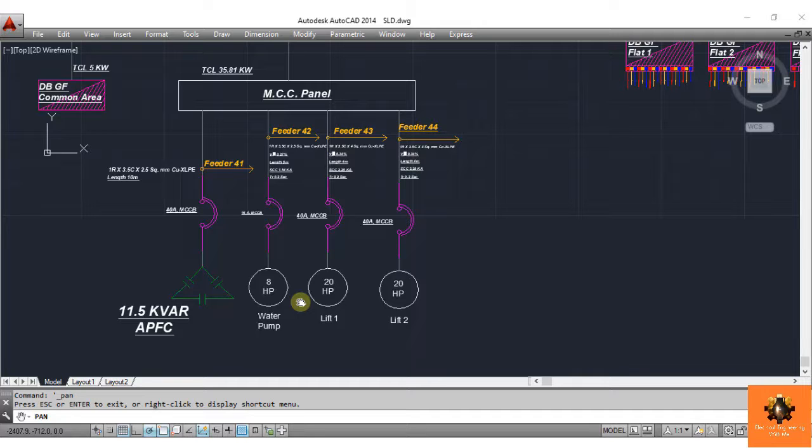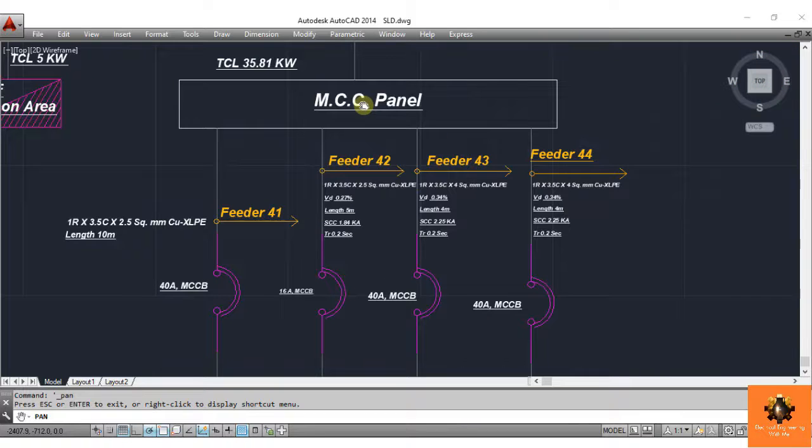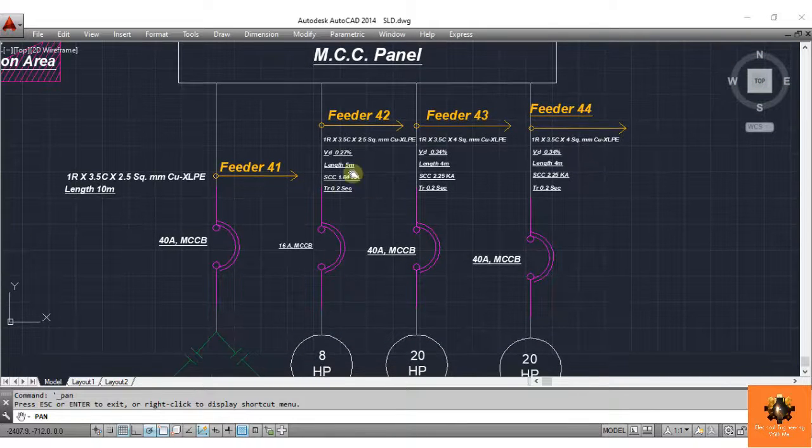So there may be any number of motors, and in actual these 2 motors may be installed in one part of the building, and this motor definitely installed in some other part of the building. But my task is to control all the motors from one location. That's why we are using MCC panel. Clear? Again, we have the cable and the circuit breaker ratings as per their connected loads.